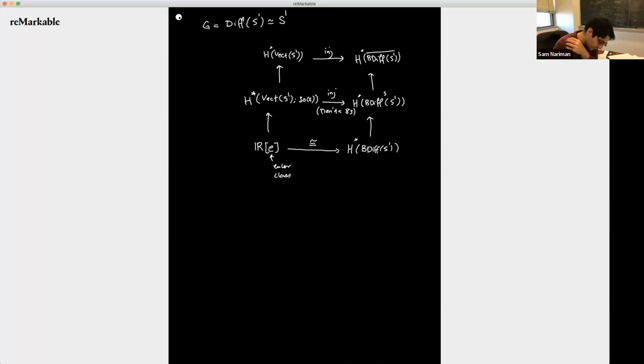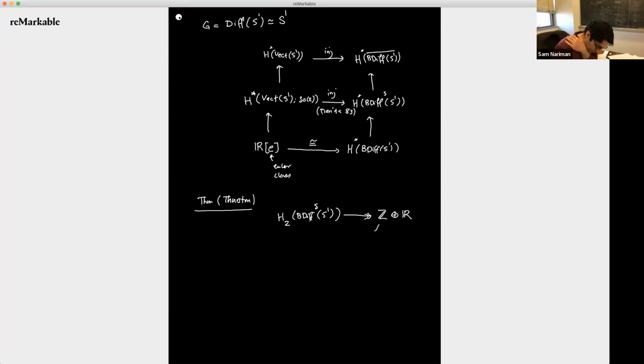So one thing that was known already by Thurston, it was known by his thesis that the second homology of Diff delta of S1 surjects to Z plus real numbers.